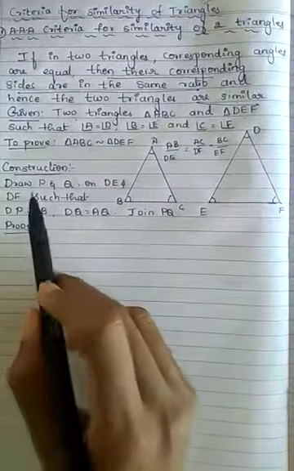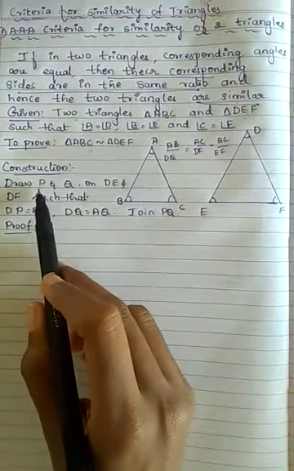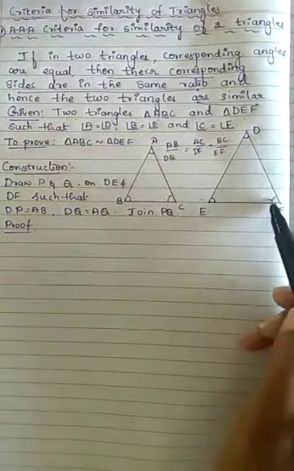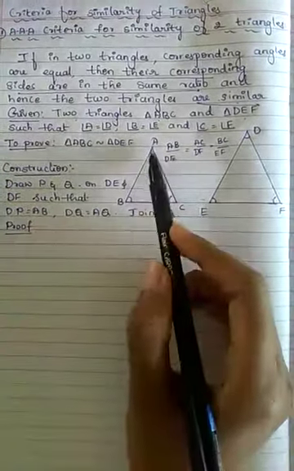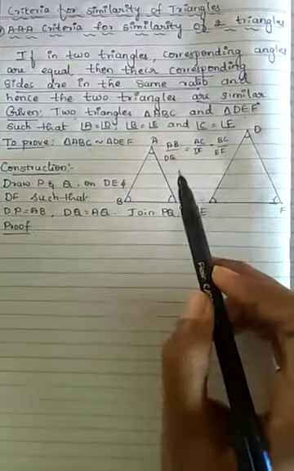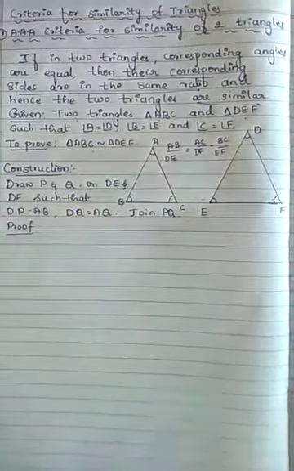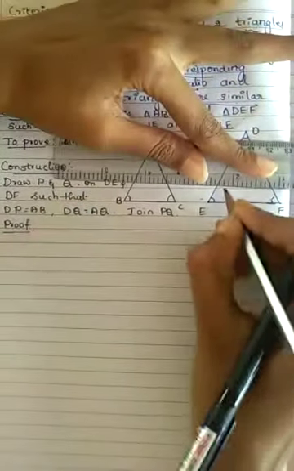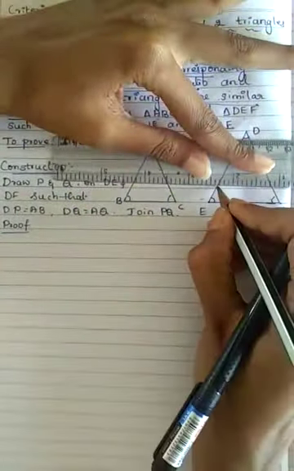So what is the construction? Draw P and Q on DE and DF such that DP is equal to AB, DQ is equal to AC, and join PQ.